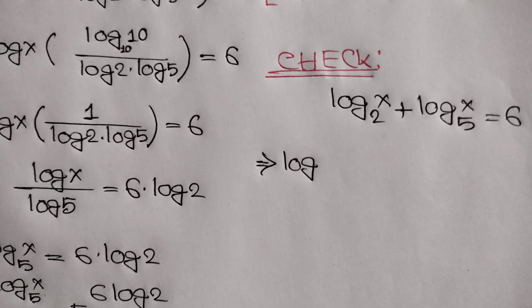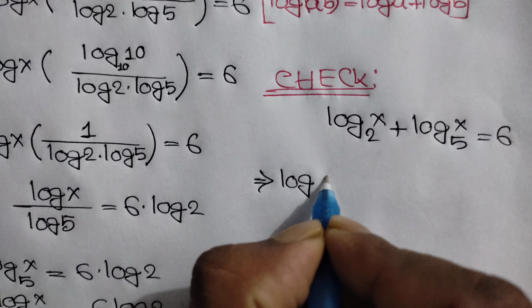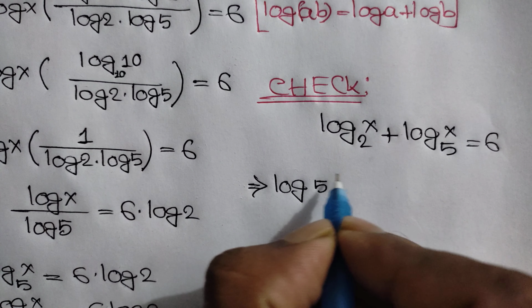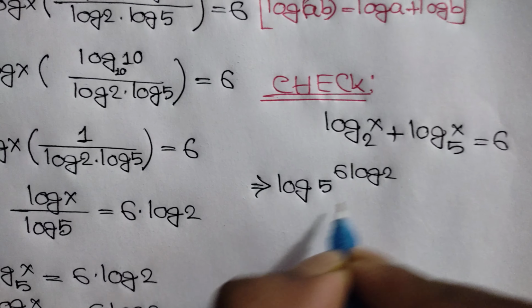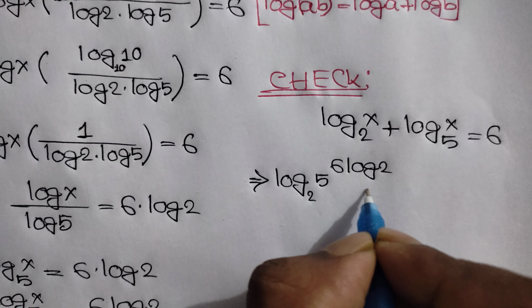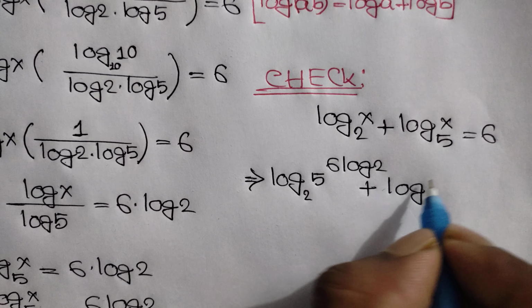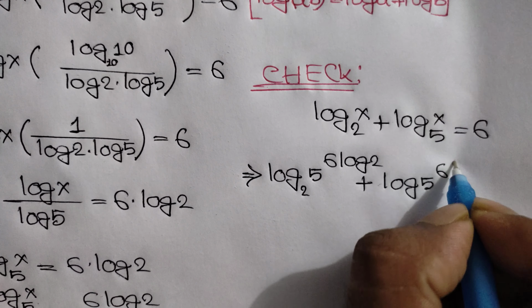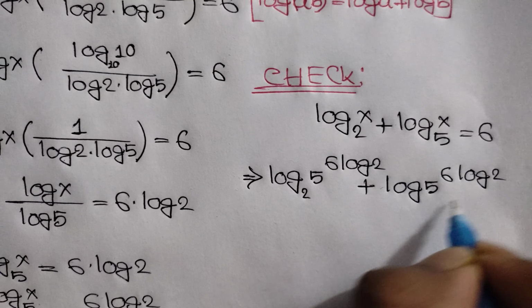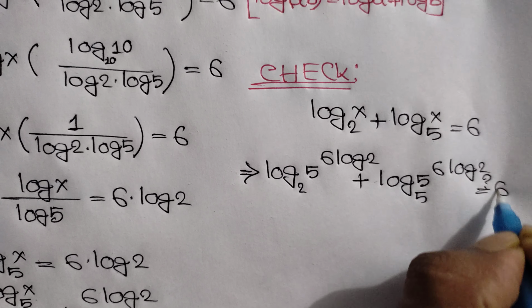So we can write 5 to the power 6 times log of 2 base 2 plus 5 to the power 6 times log of 2 base 5, is it equal to 6?